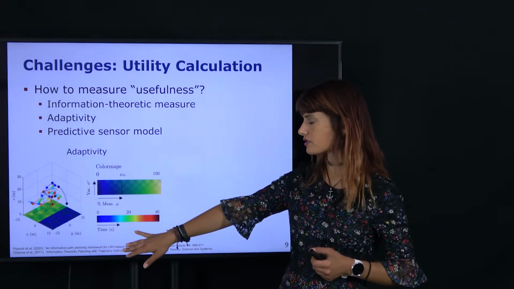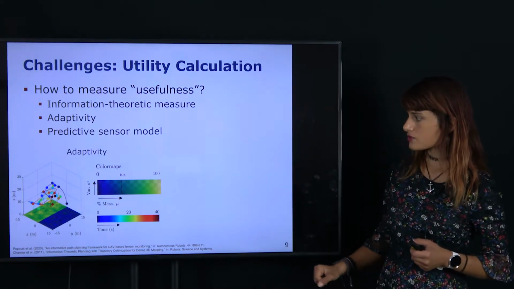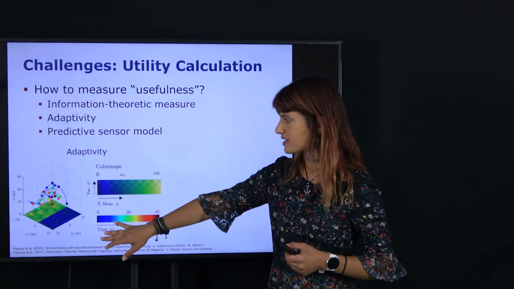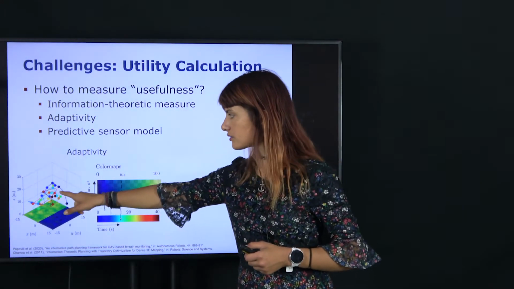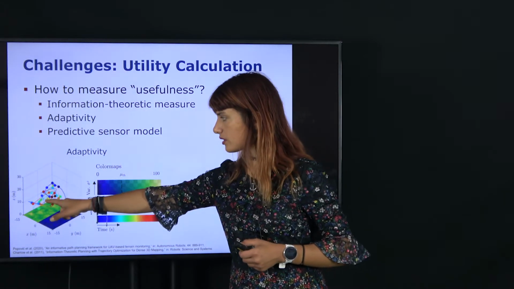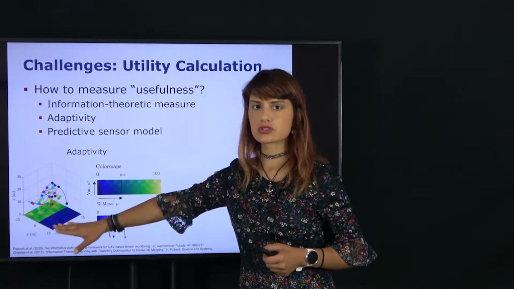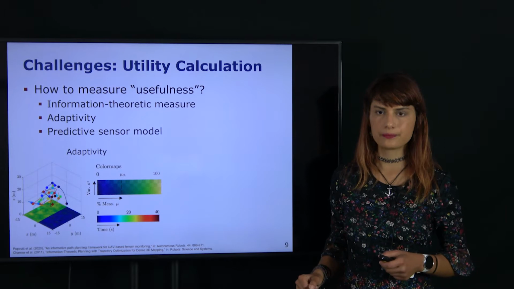So here we have an illustration of adaptive behavior. Just to explain what this picture is illustrating, on the top in 3D we see a trajectory traveled by a UAV. So this is a UAV traveling in 3D monitoring a 2D field, just like in the agricultural monitoring example.